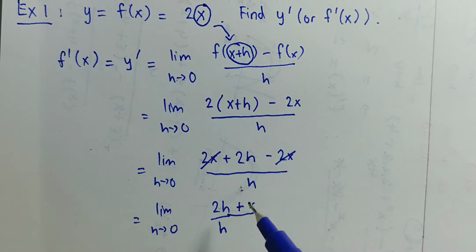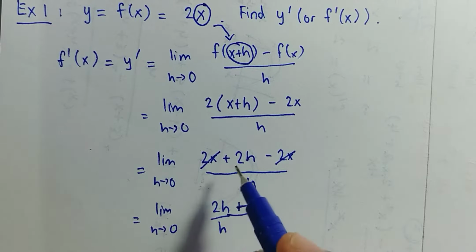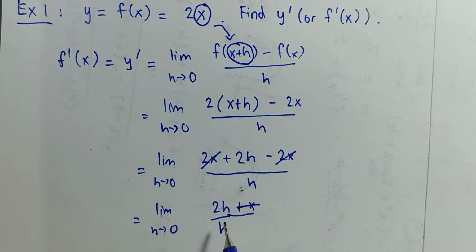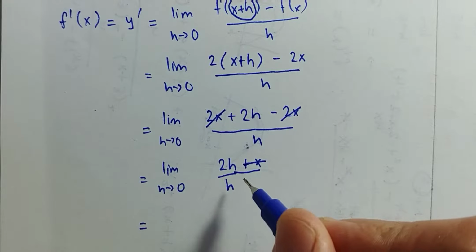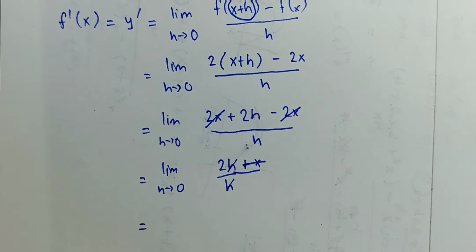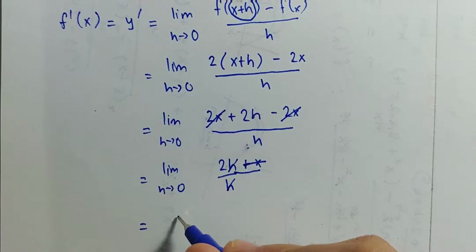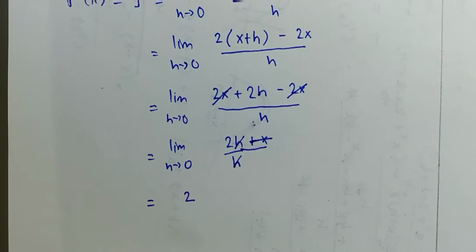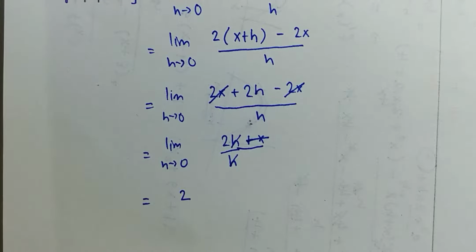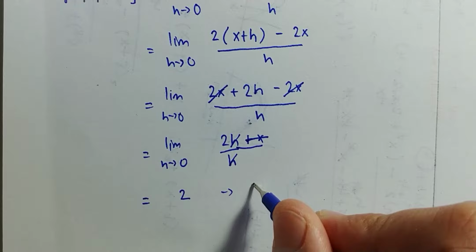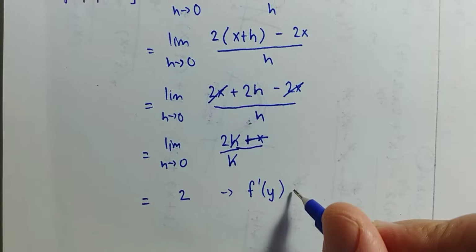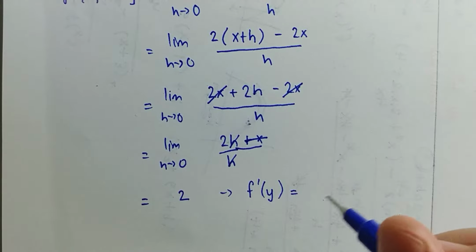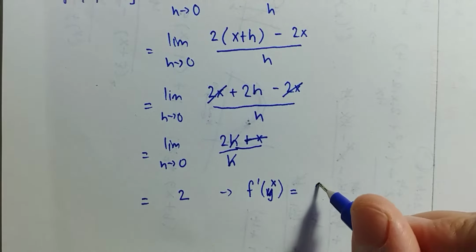In this case, I've done it right. I've got the x gone, just the h alone. Then here, I'll be able to cancel the h, which leaves me just 2. So that means the first derivative of the function f of x is 2.